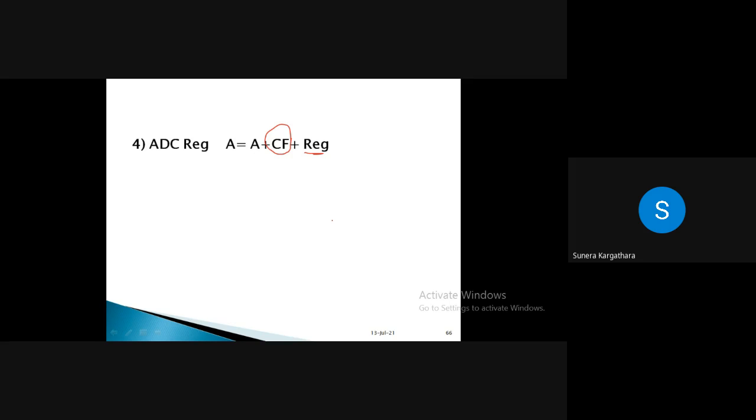But here in ADC, we'll consider the effect of carry also. So if any previous carry is generated, students, can you give me an example where generally this concept is used, where we have to use ADC compulsorily? You already did it in the lab, that's why I am asking.